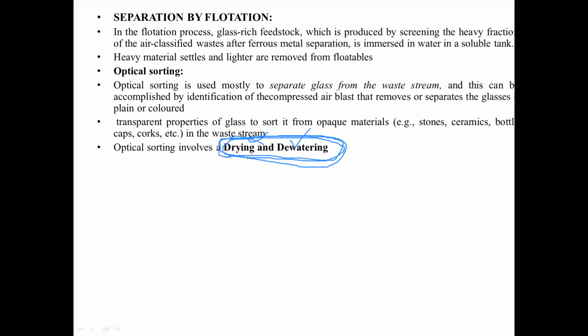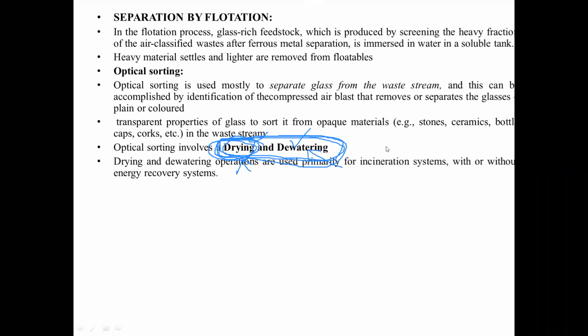If it consists of any adhered material or adhered liquid, then you go for drying. Or if it is combined with some impurities or waste which is attached, then you go for dewatering, wherein by pressurizing the water you remove the waste which is attached to the glass.